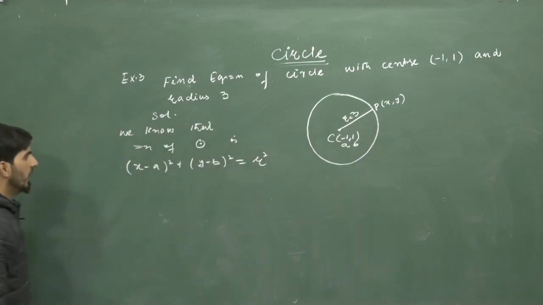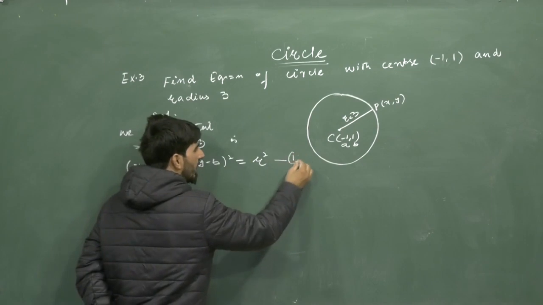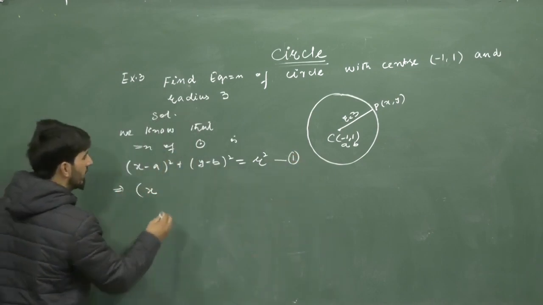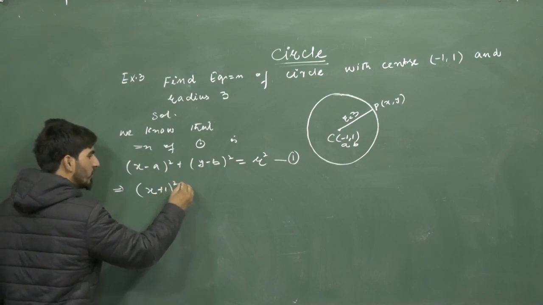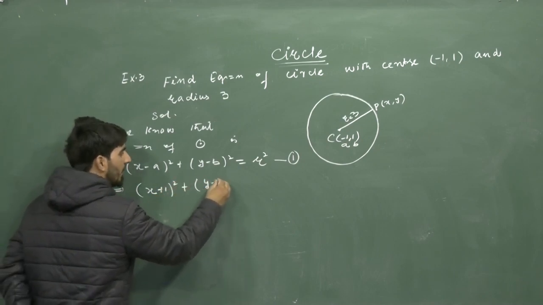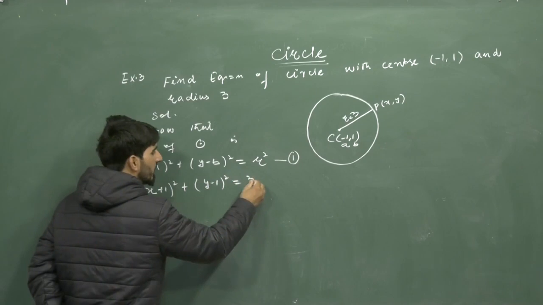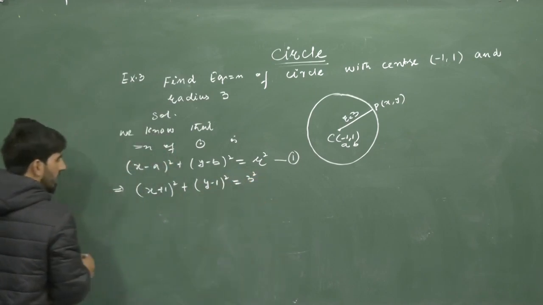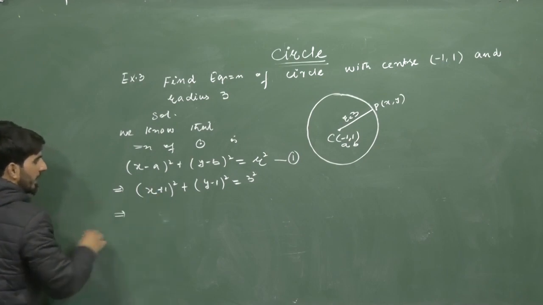So putting these values in this standard equation, we get (x + 1)^2 + (y - 1)^2 = 3^2.